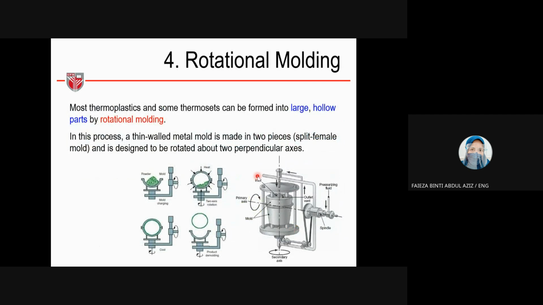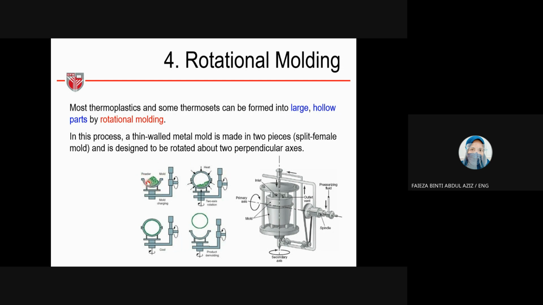Okay, next process is rotational molding. Most thermoplastics and some thermosets can be formed into large hollow parts by rotational molding. In this process, a thin wall metal mold is made in two pieces. We call it split female, not male and female, both female, a split female mold, and it is designed to be rotated about two perpendicular axes.